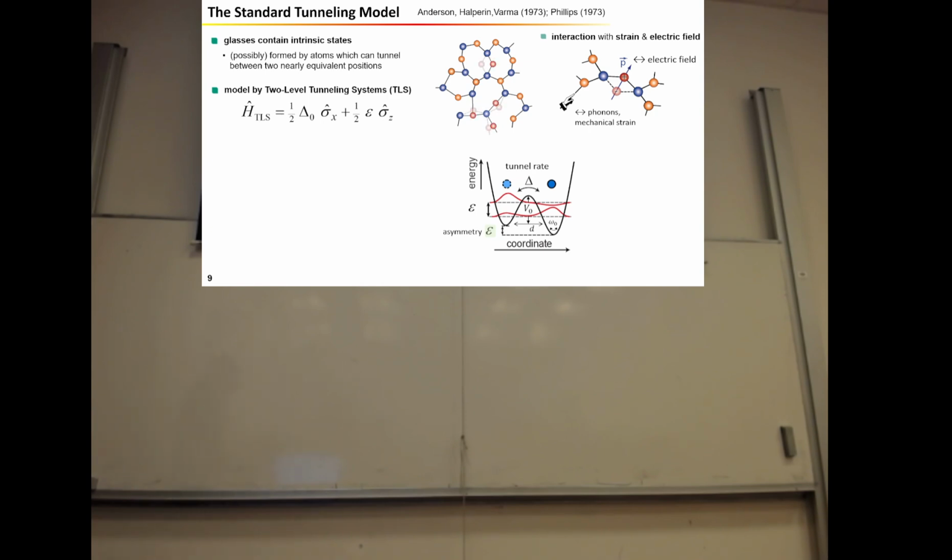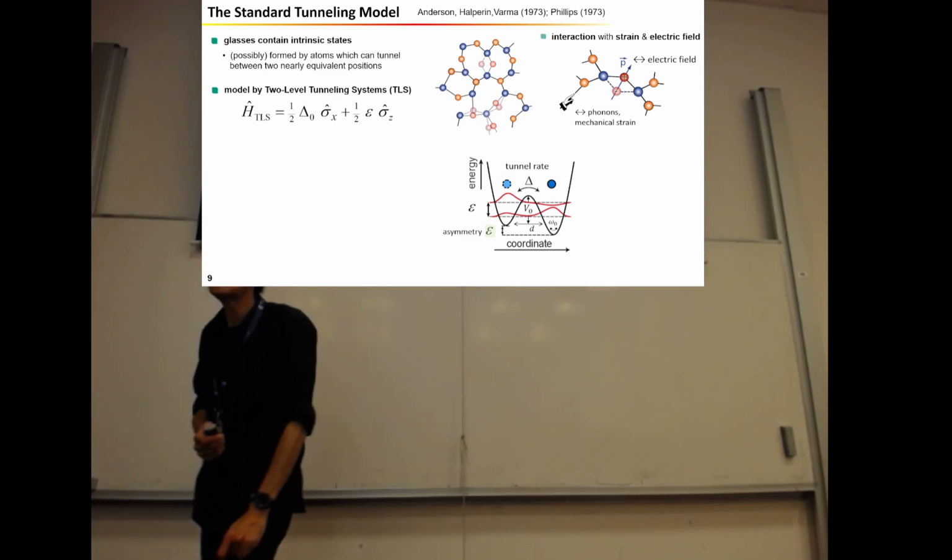Likewise, obviously the strain in the material should also play a role, because if you apply strain, we make these atoms move a little bit, maybe change the local density, and this of course will very much change the local potentials at the position of this TLS.